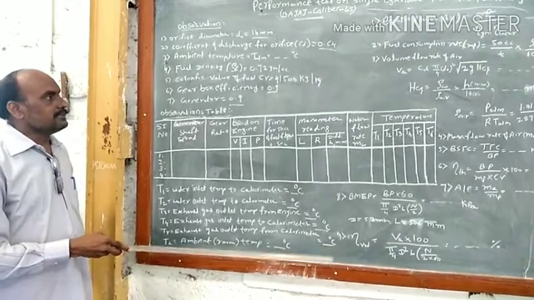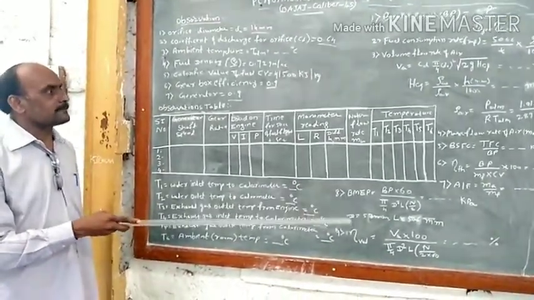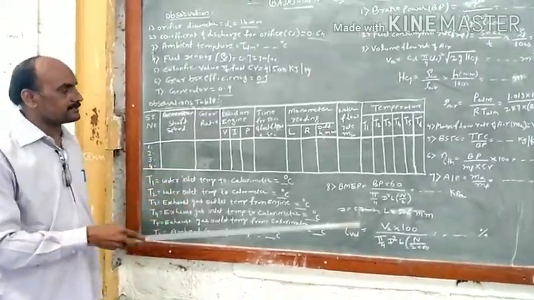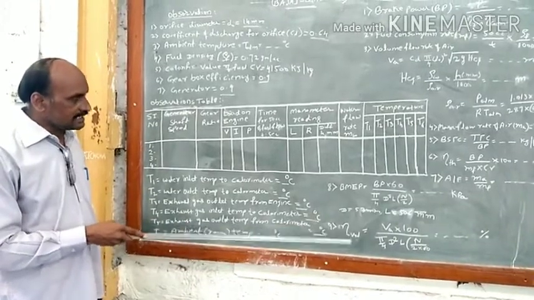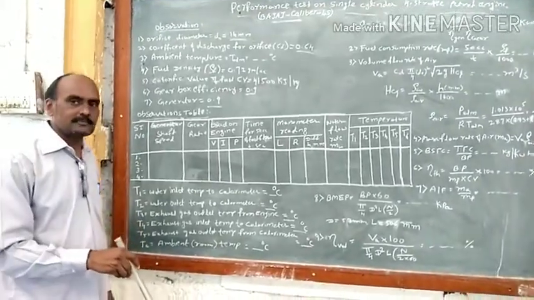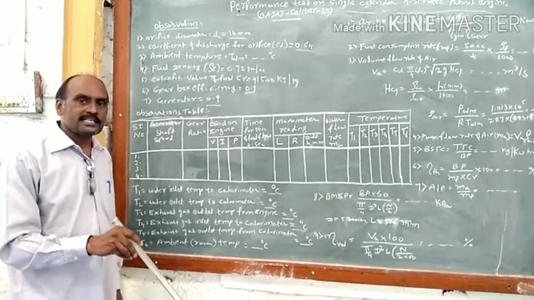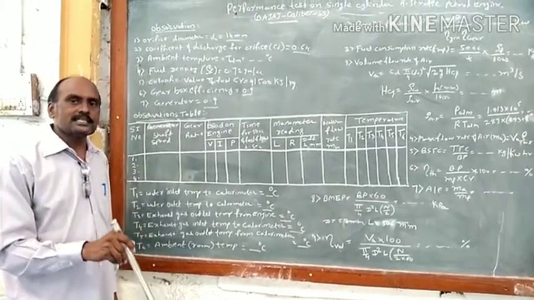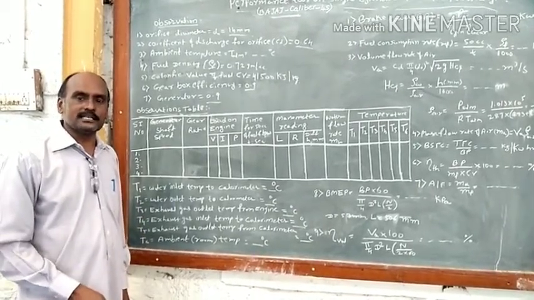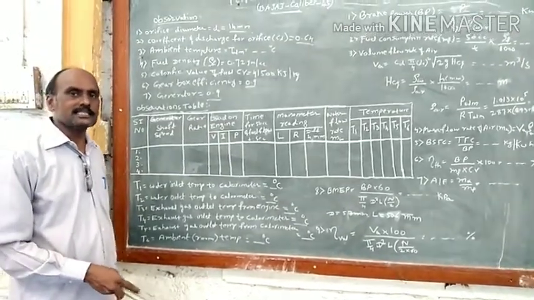So, by using this procedure of experimentation, it is possible to calculate all the performance parameters of the engine, and in addition to the parameters shown here, we can calculate the heat balance sheet parameters like the heat converted into useful power, heat lost to the cooling system, heat lost to the exhaust gases, and also the unaccounted heat losses, by which we can know the actual heat distribution in an engine.